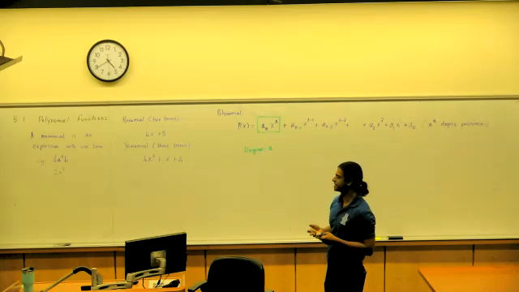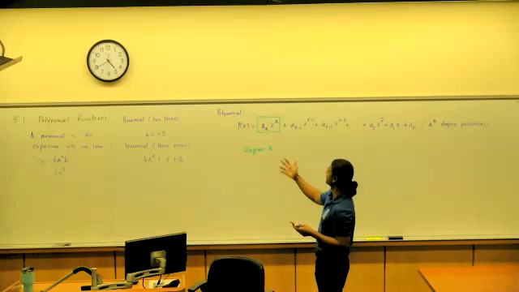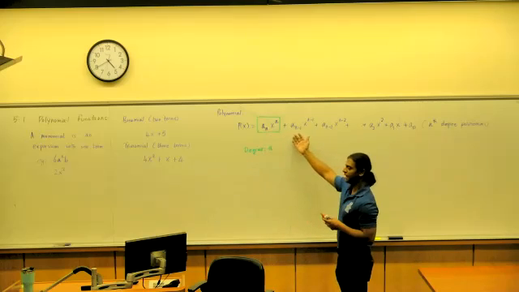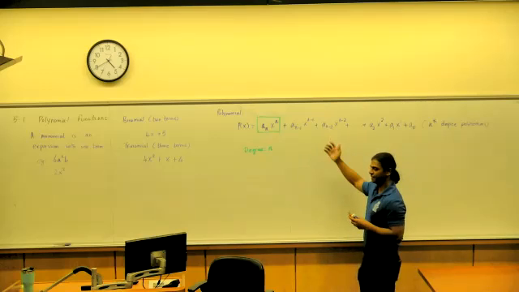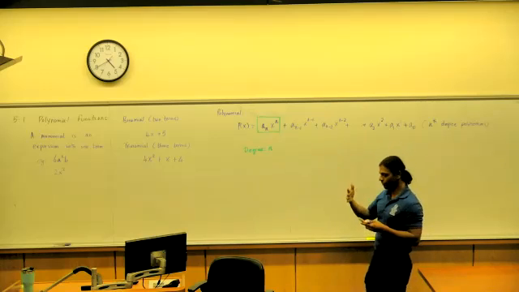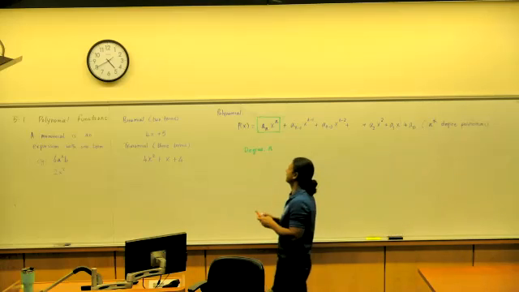So you may ask me, well, what are these numbers? A sub n minus 1, a sub n minus 2. They're all constants, they're just real numbers.